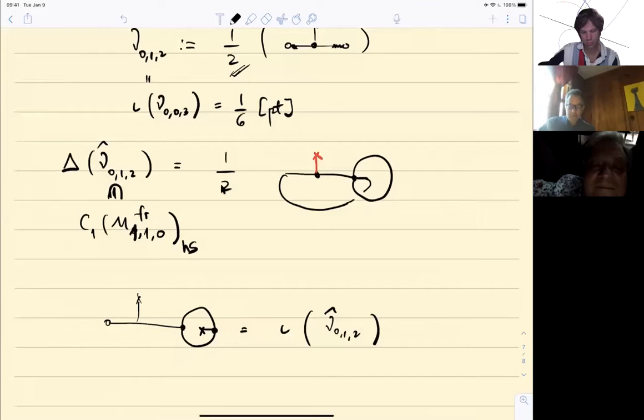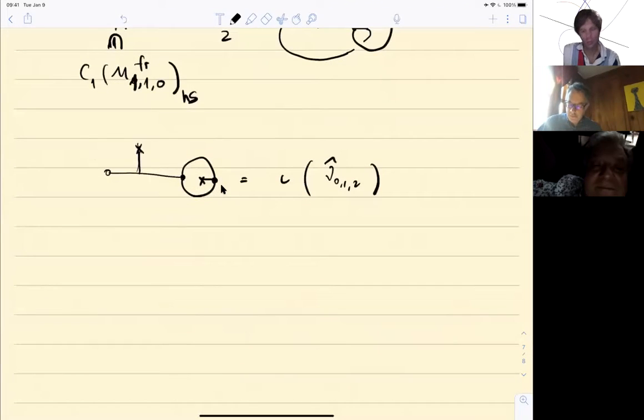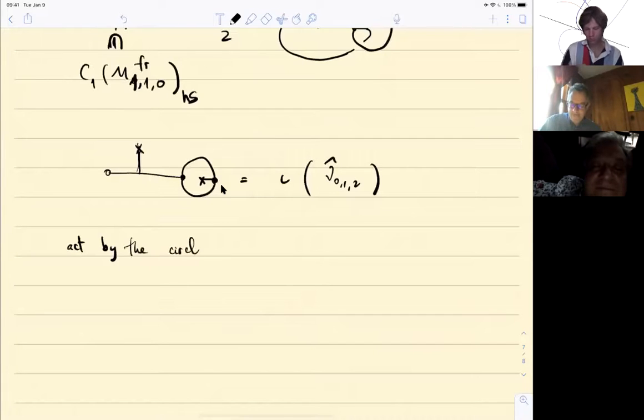So if you think about it, now I have 2 inputs, 1 output. And the degree has stayed to be 0. Then I'm going to do a circle action, so act by the circle on the second input. So I'm now like this.